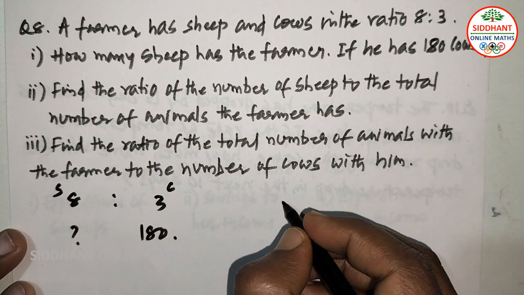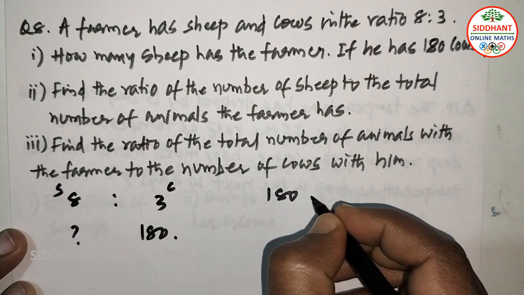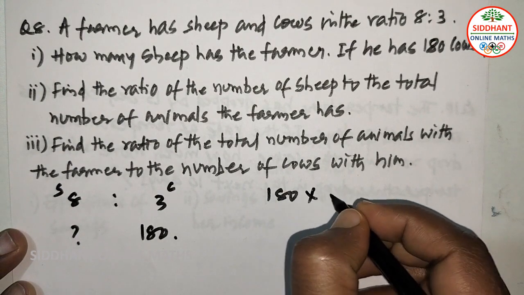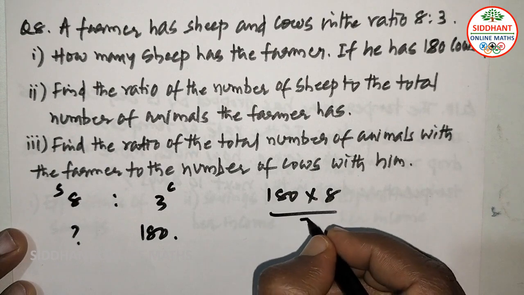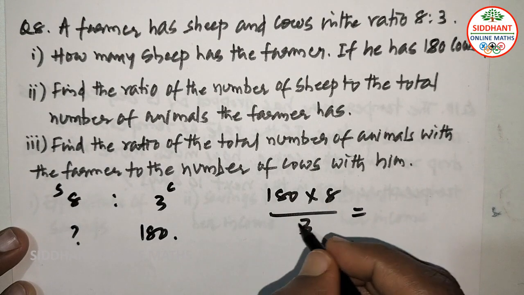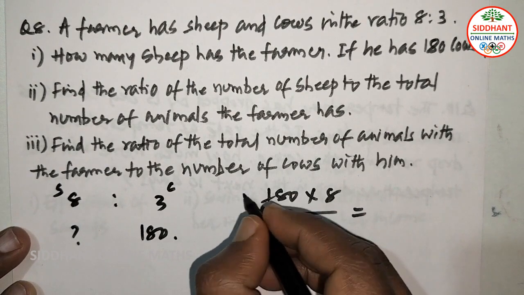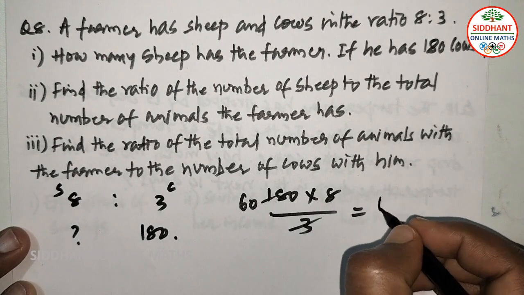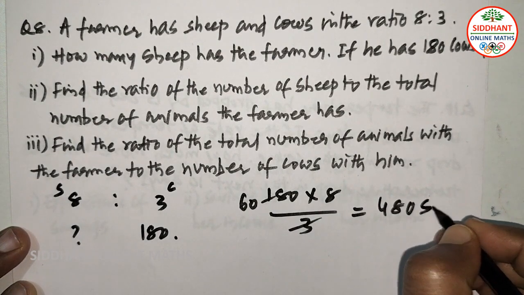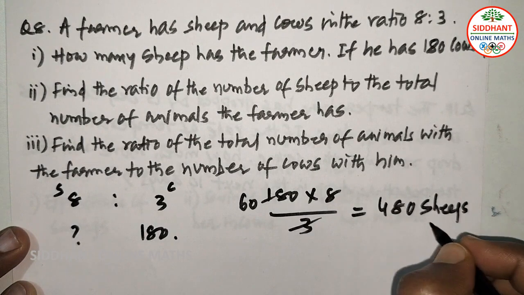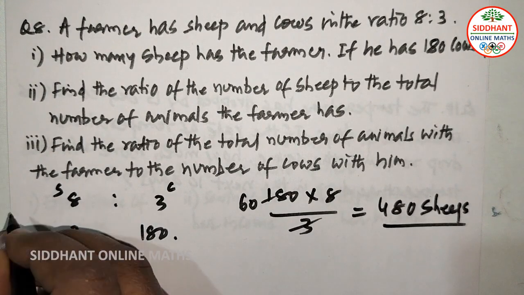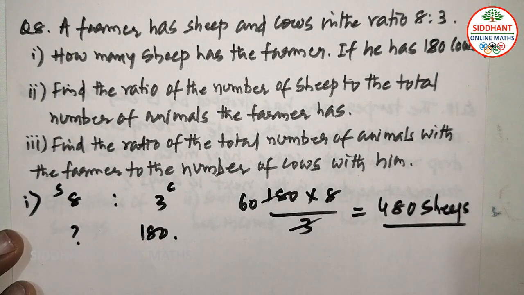That means 180 into 8 by 3. So that will be 3 1 here, 60. That will be 480 sheep are there. So this is the first solution.